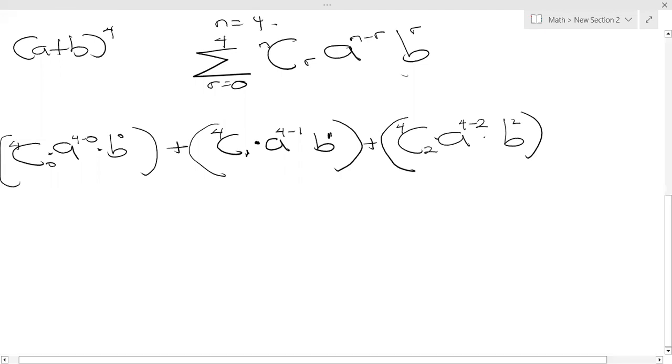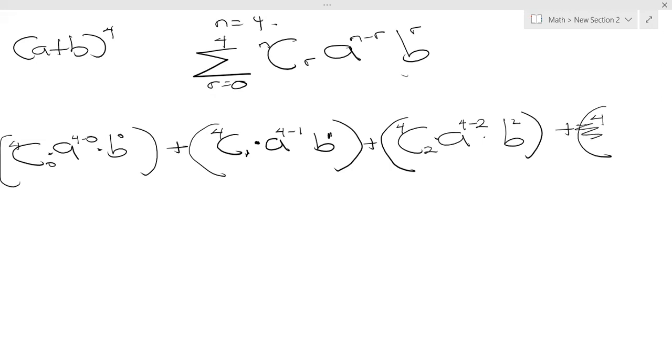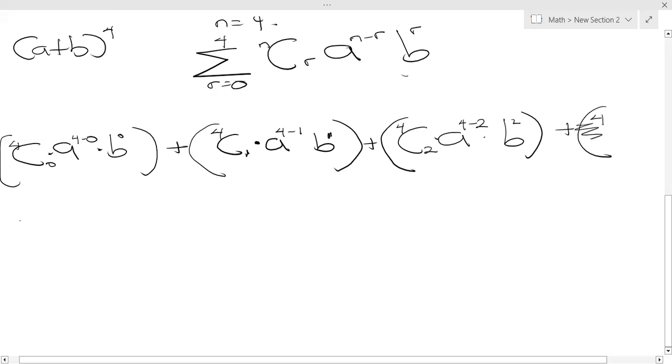Plus, all right, next one. What's the second to the last? 4 C 3, dot a raised to power 4 minus 3 dot b raised to power 3.